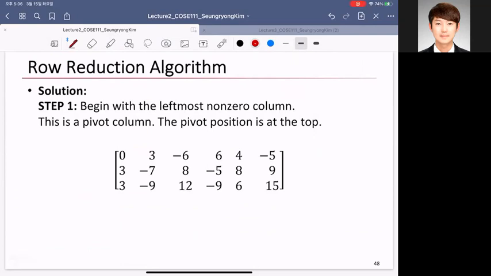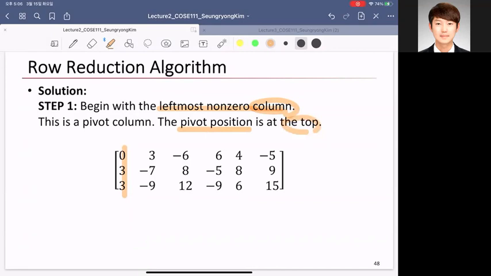So the first thing we have to do is begin with the leftmost non-zero column. We can just assume that this first column is the pivot column, right? In this case, the pivot position is at the top of this column.